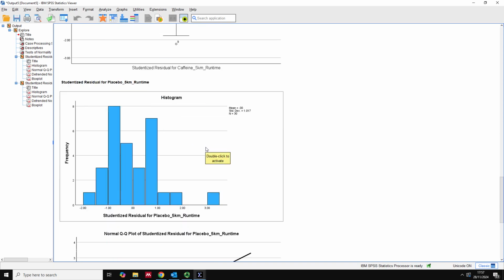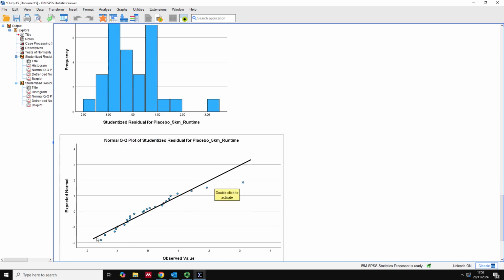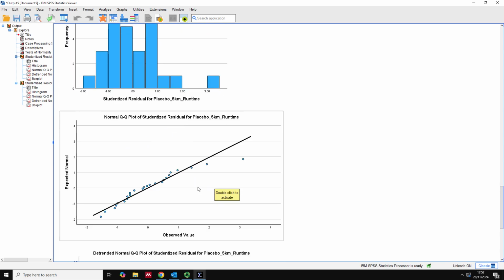I'm going to scroll down and look again at the other histogram. Okay, not as good as the first one, but still not completely horrendous. And same again with the Q-Q plot. They're reasonably close to that line. So I would be okay with assuming normality on this data set.